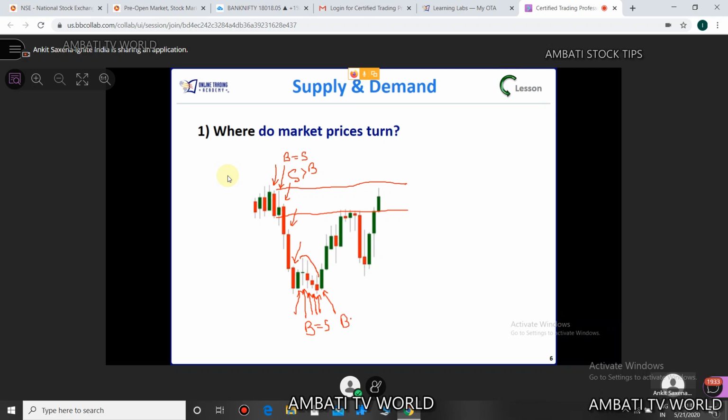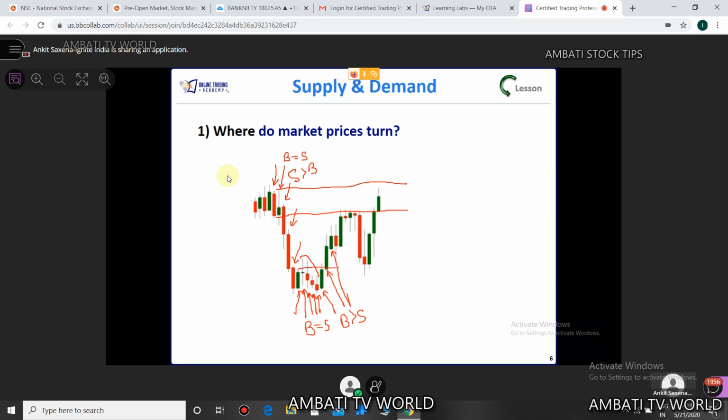Again, the buyers were greater than the number of sellers. The buyers were the clear winners. Same on this candle, isn't it? Are you able to visualize this very clearly, guys?